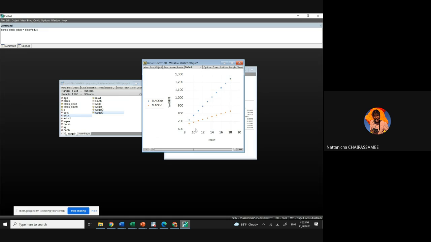For example, if the education is equal to 10 years, there is a very narrow gap between these two groups of people. But once you have higher education, from 10 to 12, from 12 to 14, 16, and 18, you see that the wage gap between these two groups of people becomes wider.